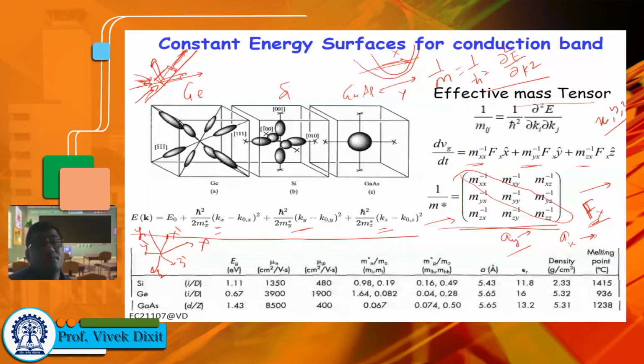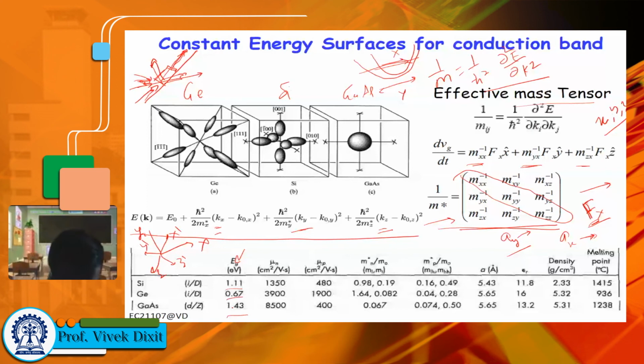Now these band structures are very useful in a sense that they give us a lot of parameters, right? So for example, you can get a band gap. If you are able to calculate this band structure, then you can get the band gap: for silicon it is around 1.1, for germanium around 0.67, for gallium arsenide around 1.42 or 1.43 electron volt.